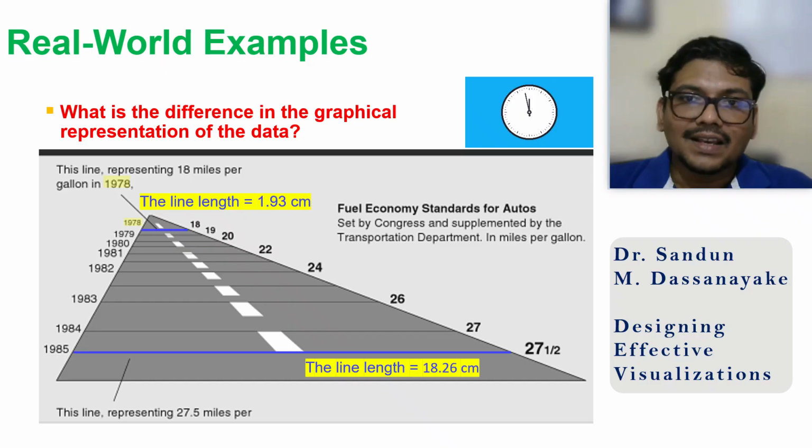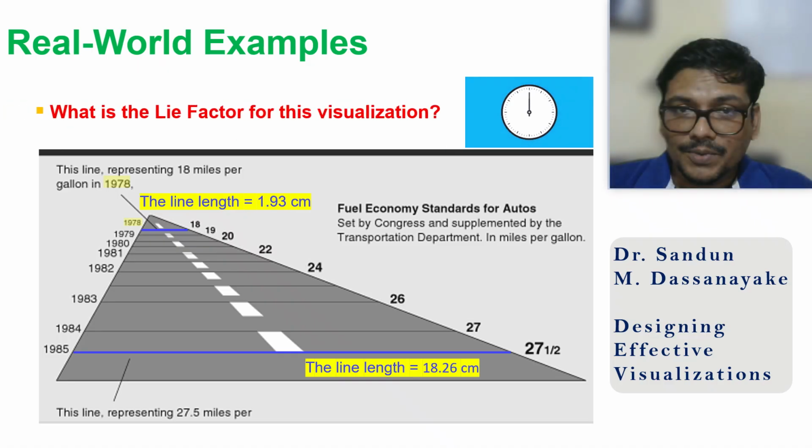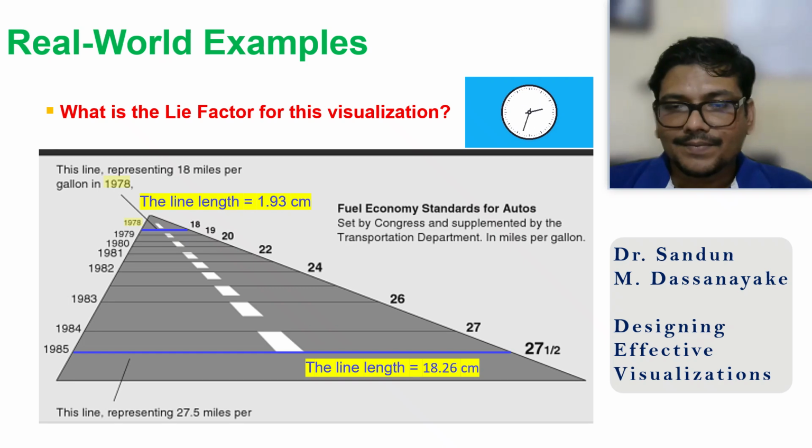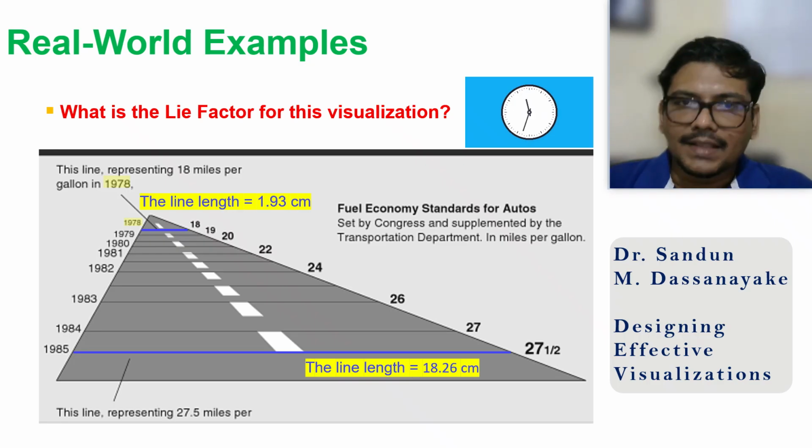Now this is only half the formula. We need to calculate the size of effect in data as well. Put the two numbers together. Lie factor is the size of effect in graphic divided by the size of effect in data. With the graphic effect at roughly, calculate yourself, and the real change at 53%, the lie factor comes close to 16.